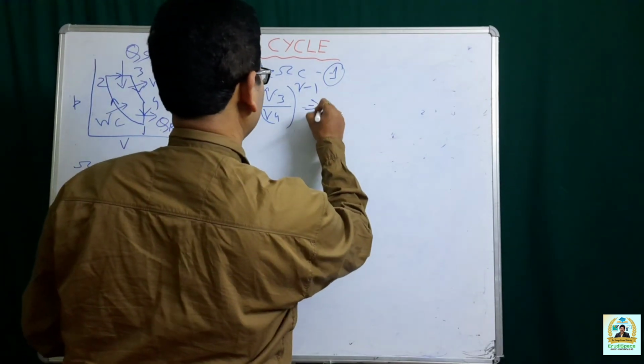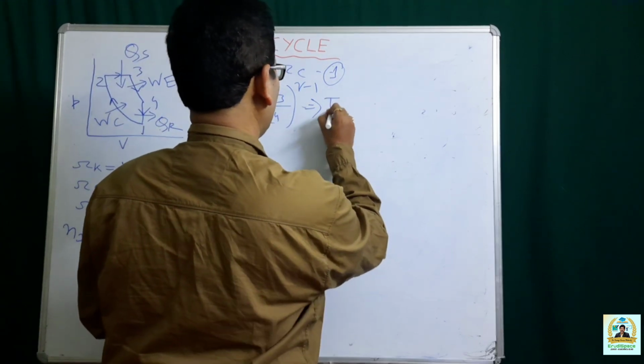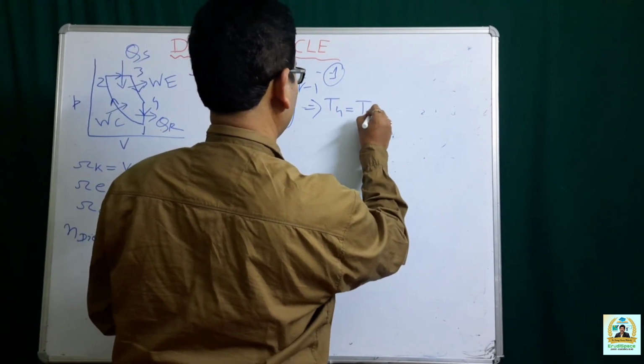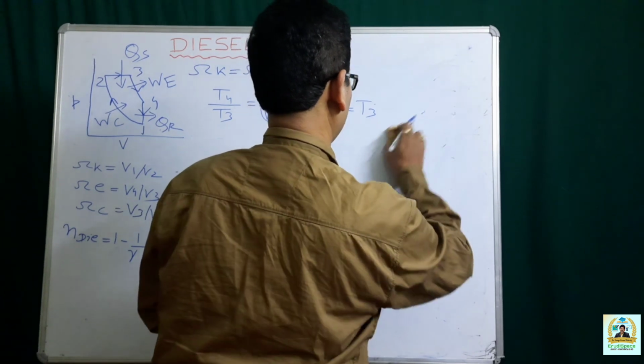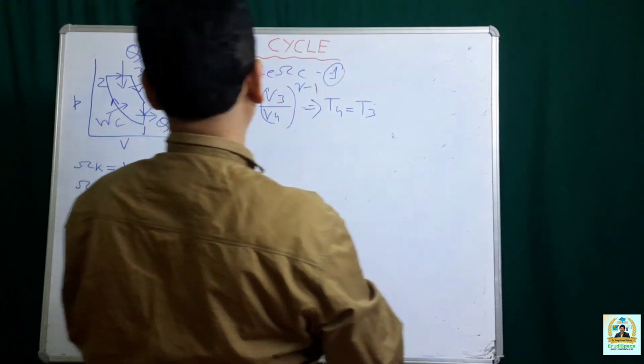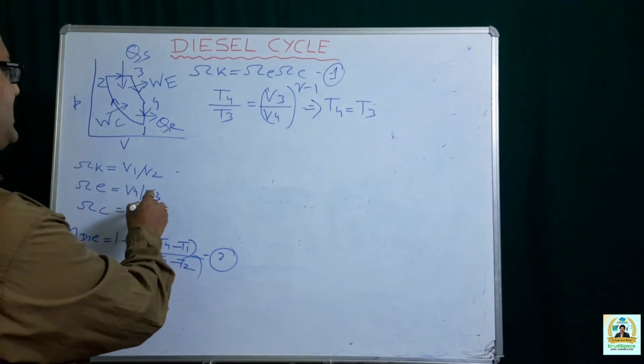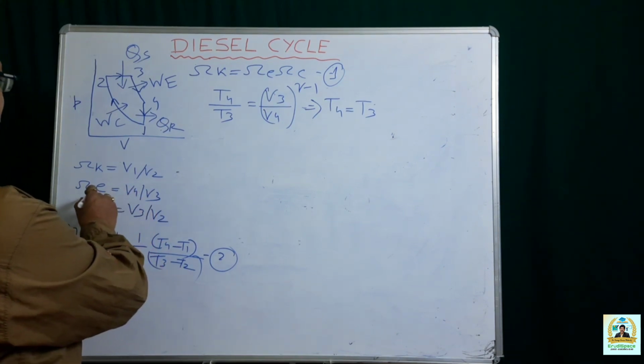So this implies T4 is equal to T3 into V3 by V4 to the power gamma minus 1, where V4 by V3 is RE.